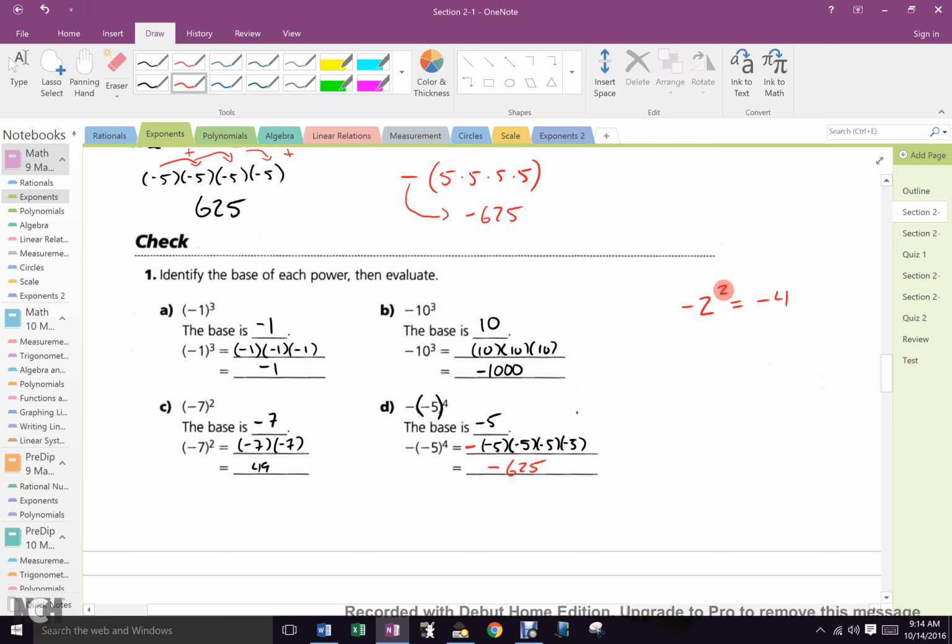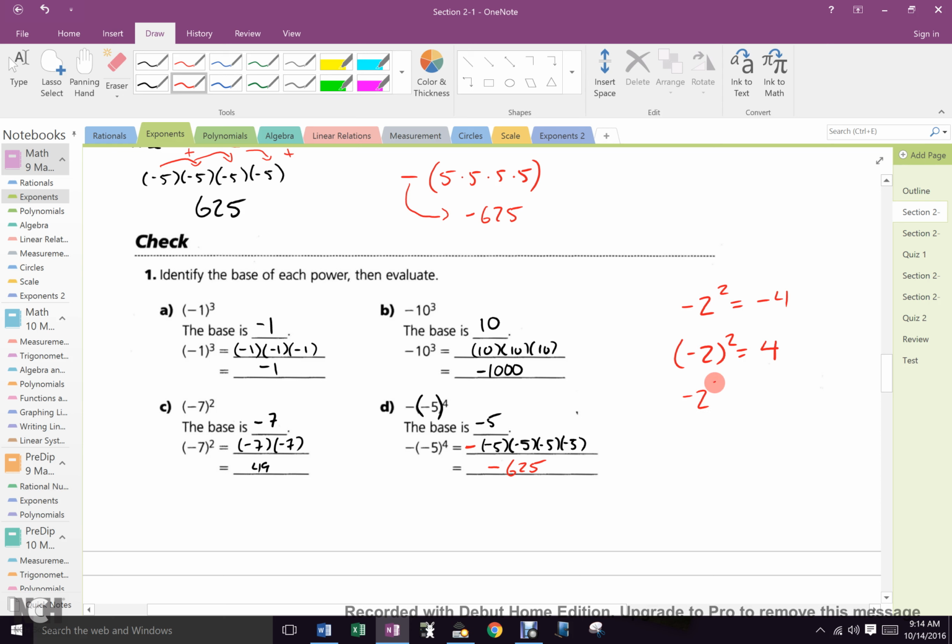Because it's 2 times 2 with a negative in front. Got it? What is negative 2 squared? Negative 6. No. Negative 4. That's positive 4 because the negative is part of the base. Is everybody still good? Yeah? Okay.